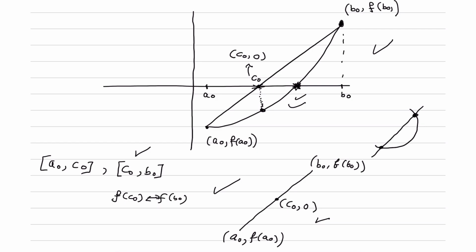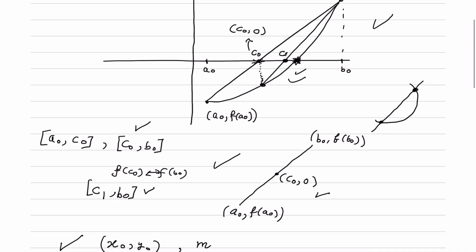So we join f of b naught with f of c naught by a straight line, and this cuts the x-axis at point c1. Now the next interval in which the root lies is c1 b naught.